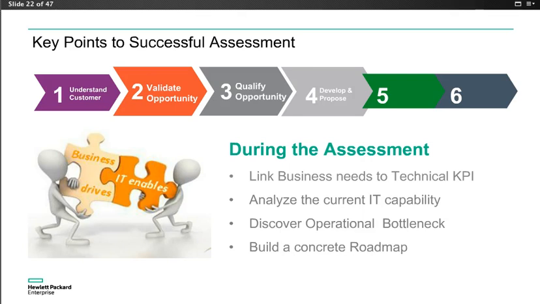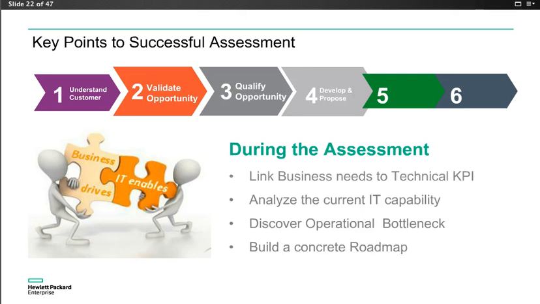As I mentioned, linking the business needs to technical staff is really important to the success of DevOps adoption.